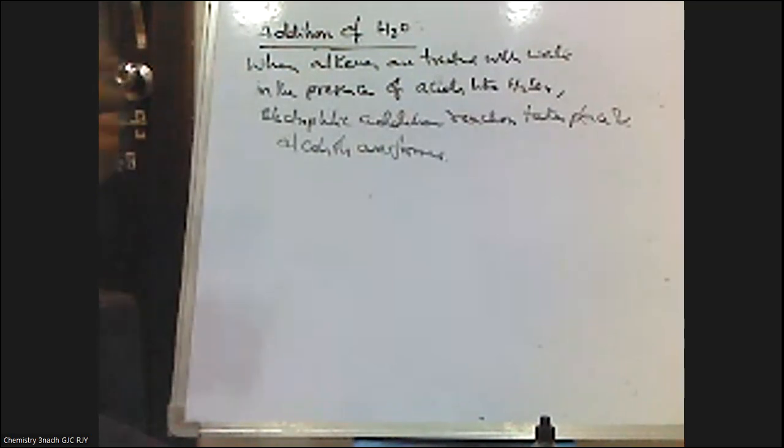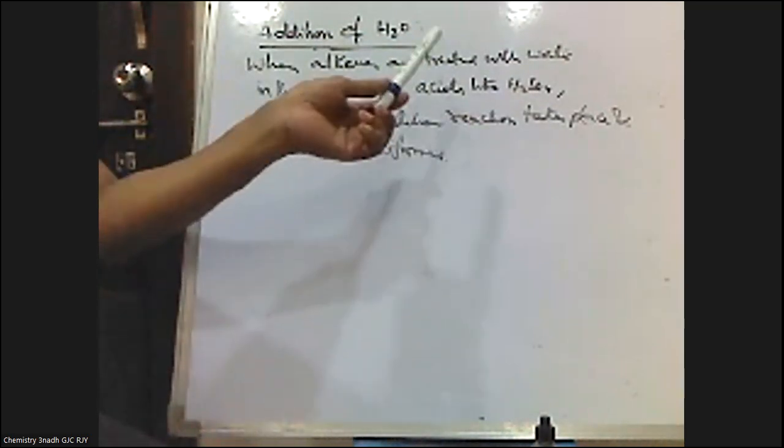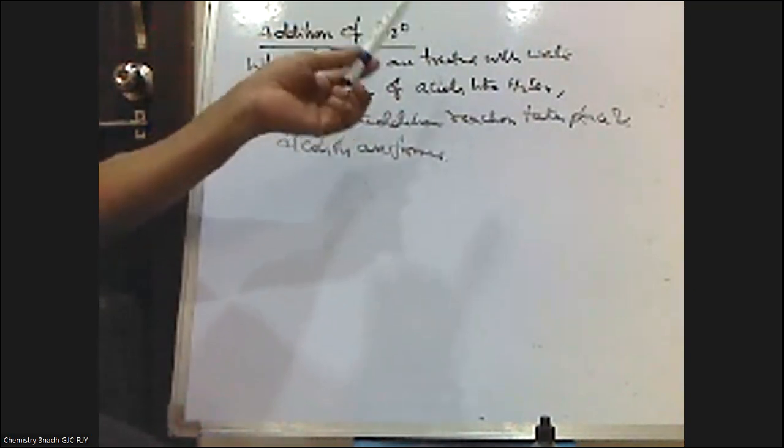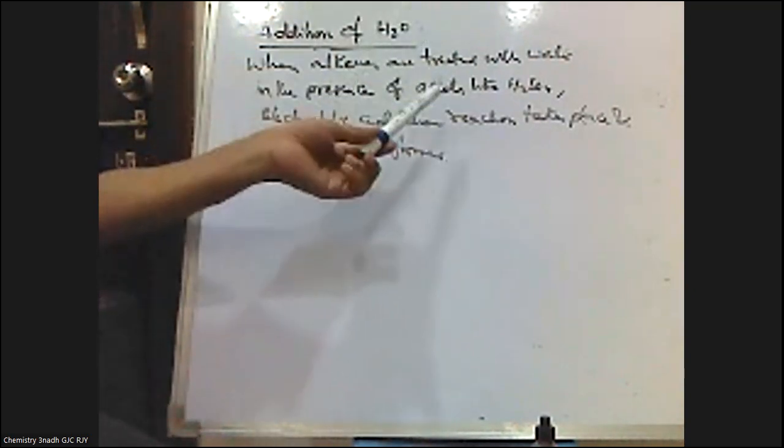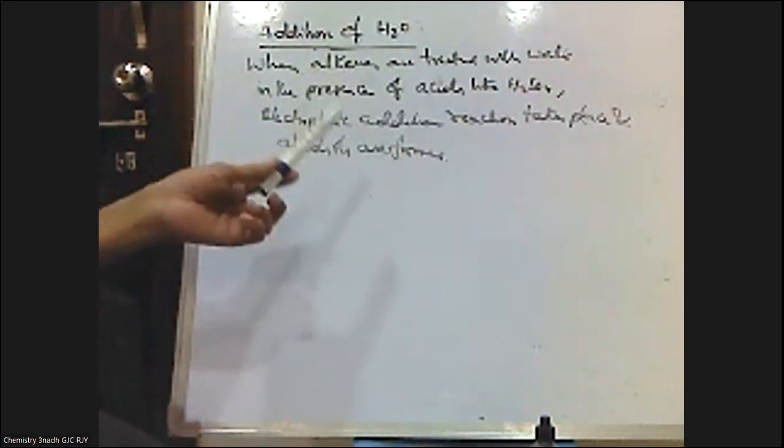When alkenes are treated with water in the presence of a few drops of concentrated acids such as sulfuric acid, the water molecule adds to the alkene and alcohols are formed.